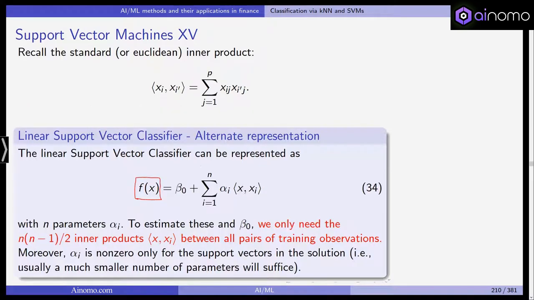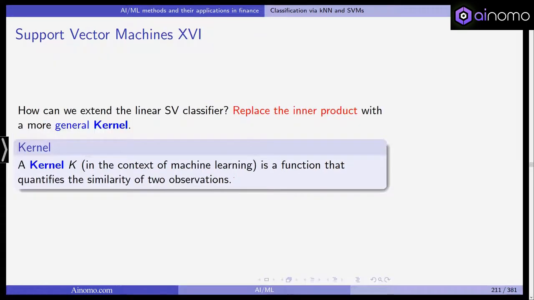Quite clearly, the inner product is a function that measures the distance in the Euclidean space between those two vectors. So we need to replace the inner product here with a different kernel, and then we get a more general extension of the support vector classifier.